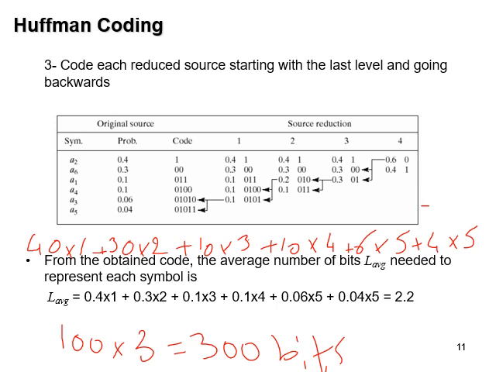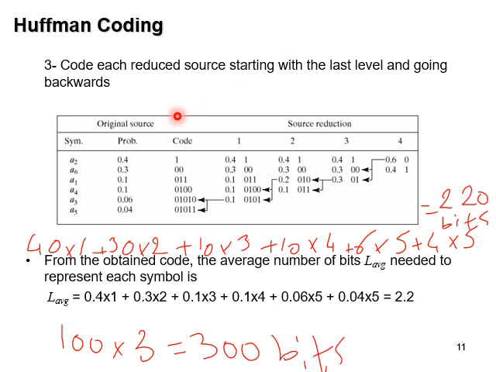If you count, we have 40 plus 60, this is 100, 130, 170, 200. This is actually 220 bits. So if you use Huffman coding, you represent that image with 220 bits, while if you use the regular fixed length code, you need 300 bits. You're saving 80 bits in that case.